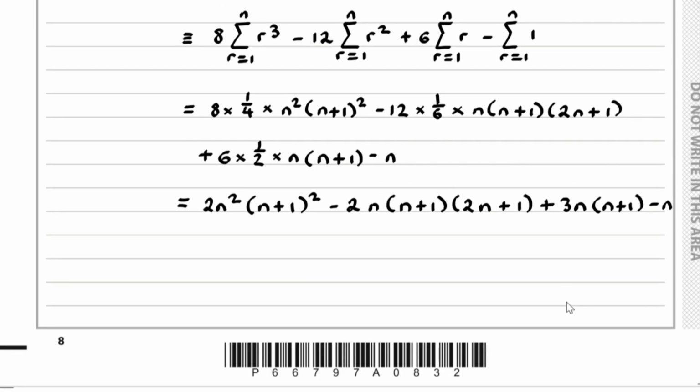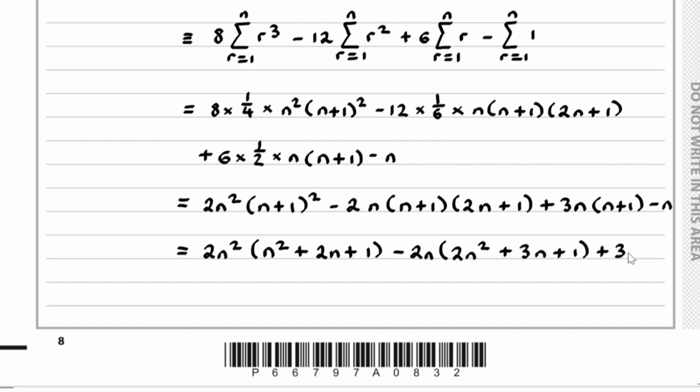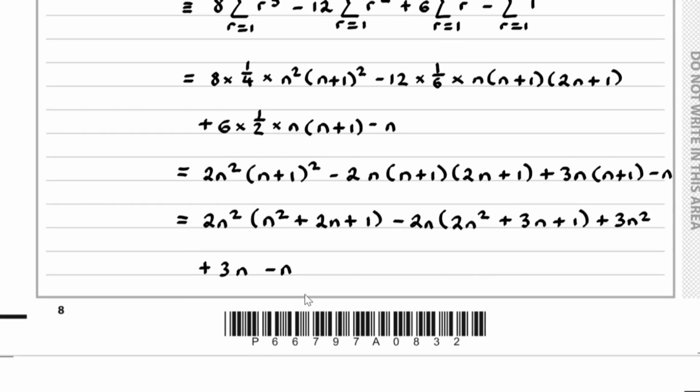Now if we expand a little, we've got 2n squared, lots of (n squared plus 2n plus 1), minus 2n, lots of, well here we get 2n squared plus 3n plus 1, plus 3n squared plus 3n minus n.